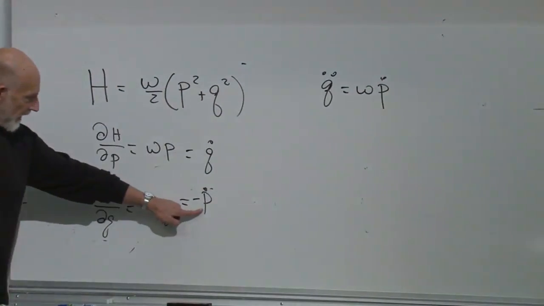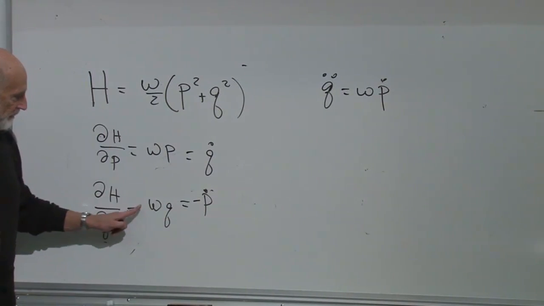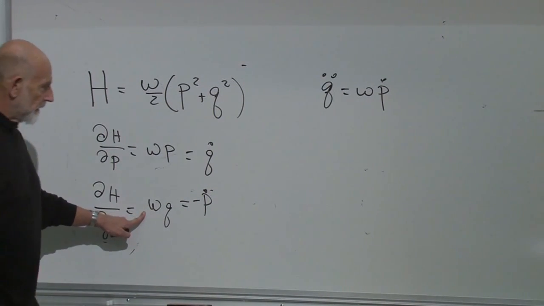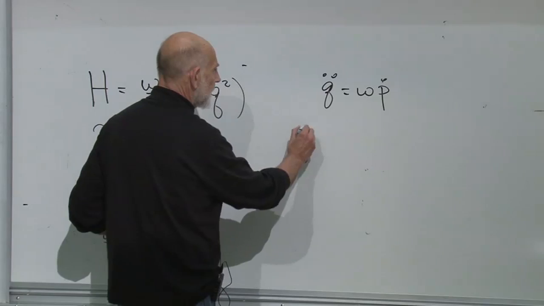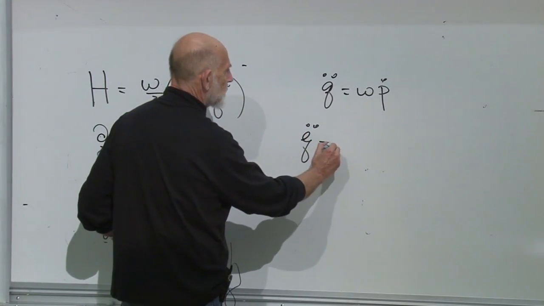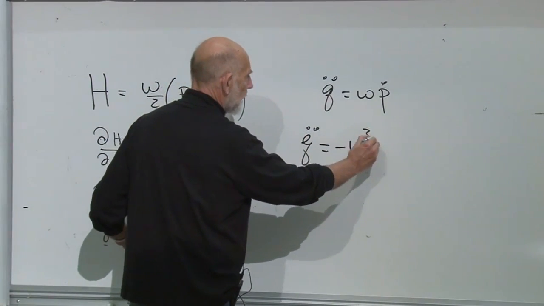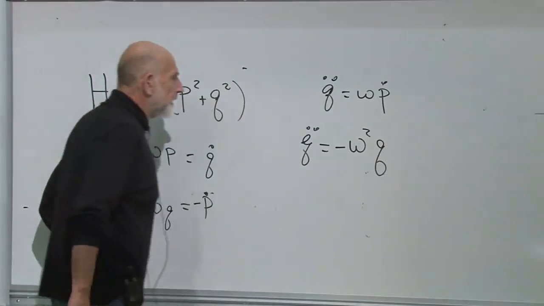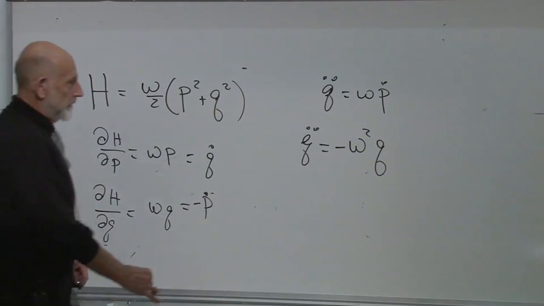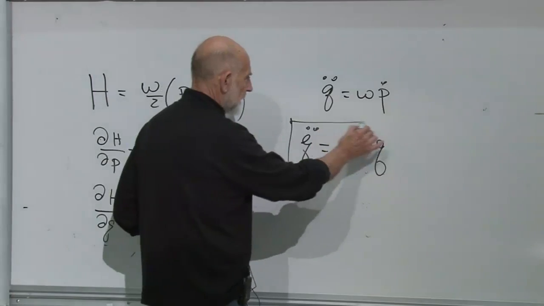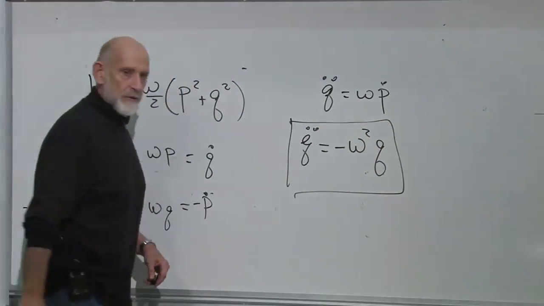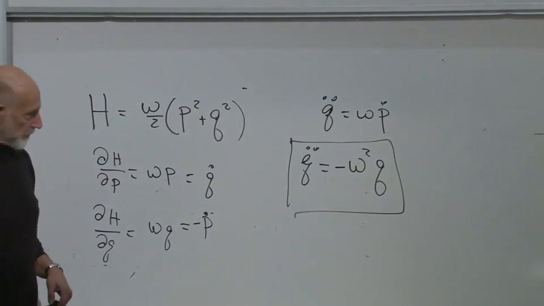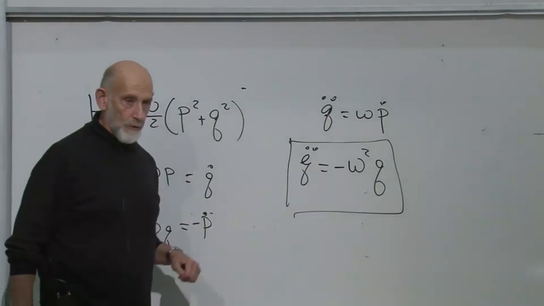Good, because now we have p dot is minus omega q. So we get q double dot equals minus omega squared q. This, of course, is the standard harmonic oscillator equation of motion for an oscillator with frequency omega.